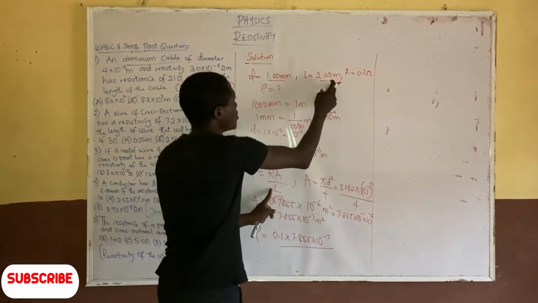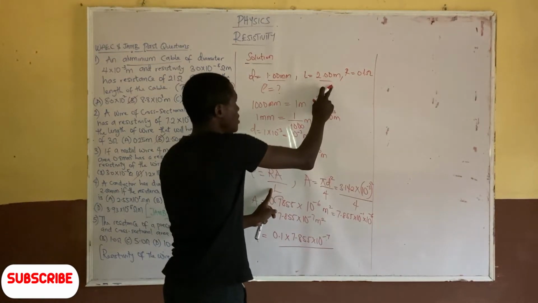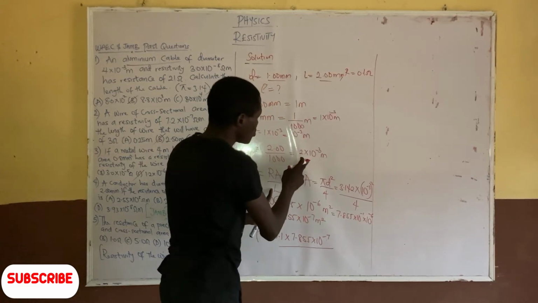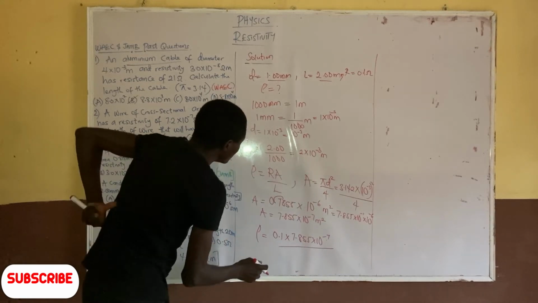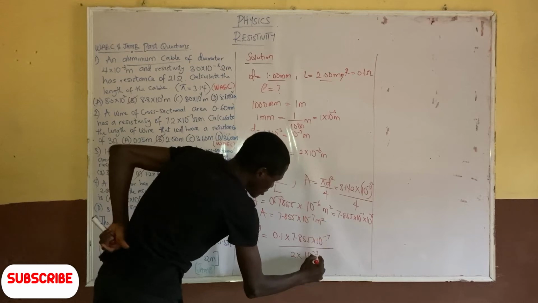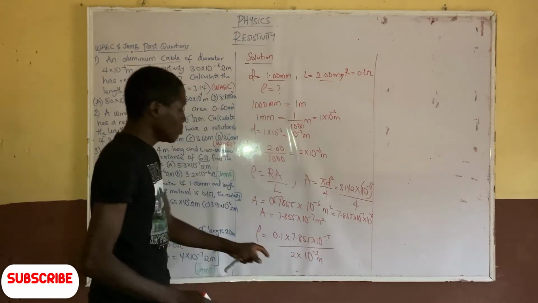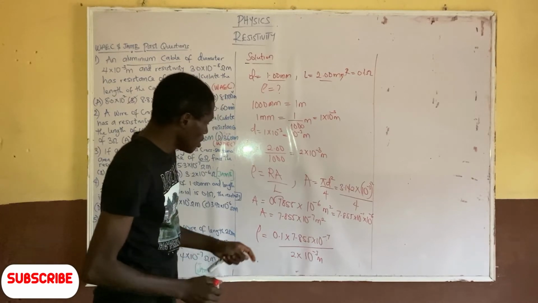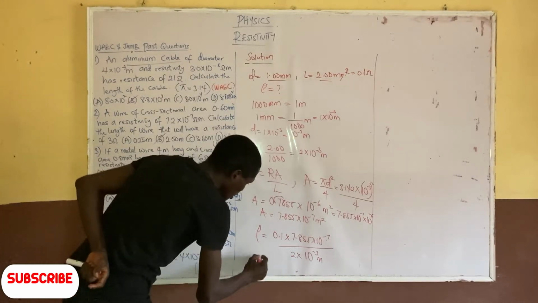L is 2.0 millimeter, which has been converted to 2 times 10 raised to the power minus 3 meter. So don't forget that this is millimeter that has been converted to meter.